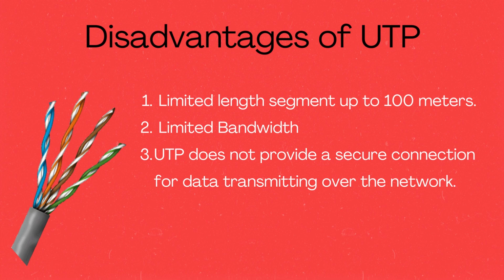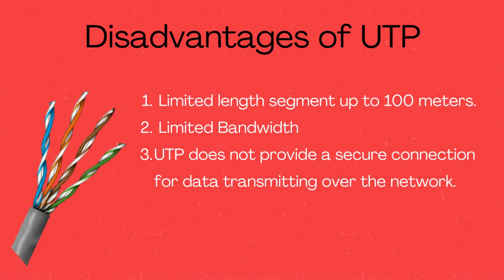Next, we'll see what the disadvantages of using unshielded twisted pair are. First, it has a limited length segment of up to 100 meters. UTP cables are commonly used for Ethernet connections, and they have a maximum recommended cable length of 100 meters. This limitation is due to signal attenuation, which means that as the signal travels along the cable, it gradually loses strength.